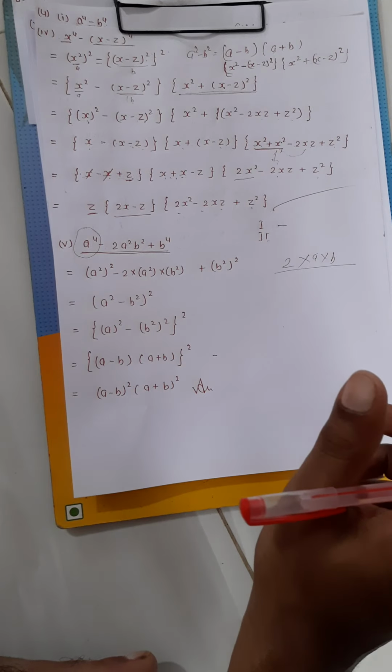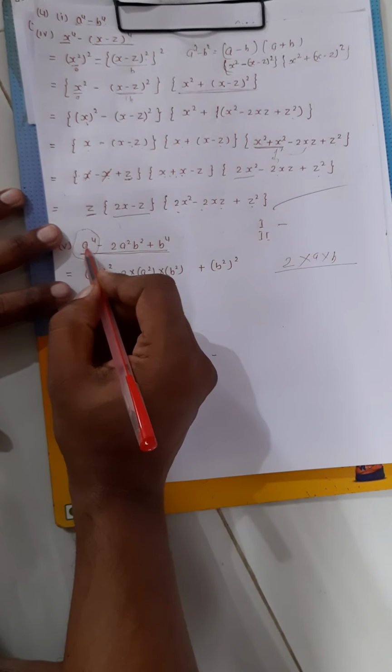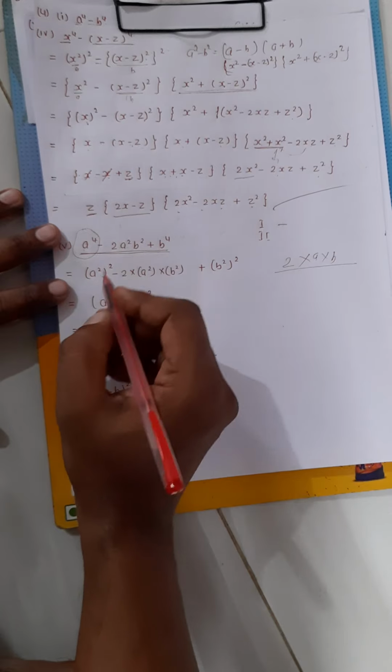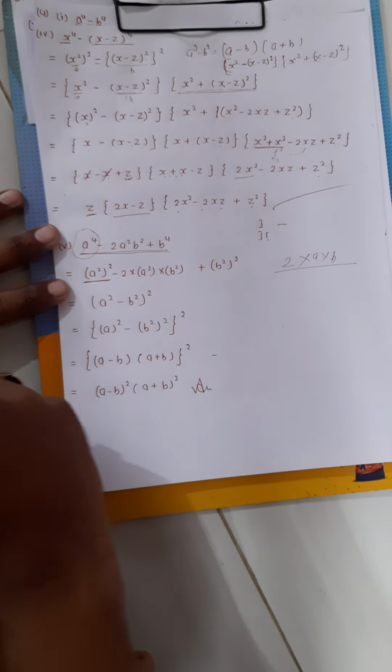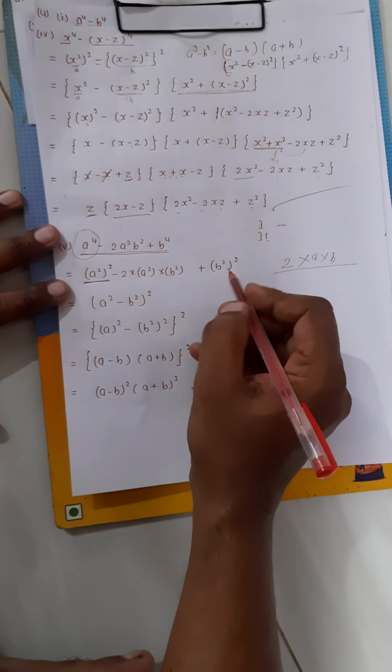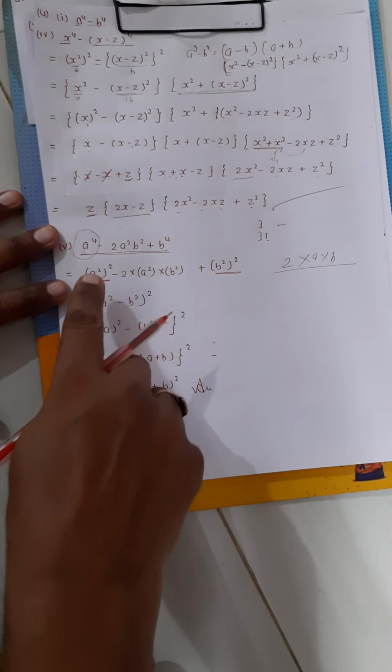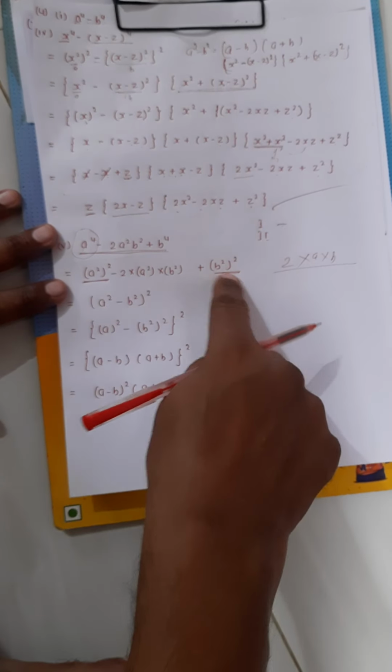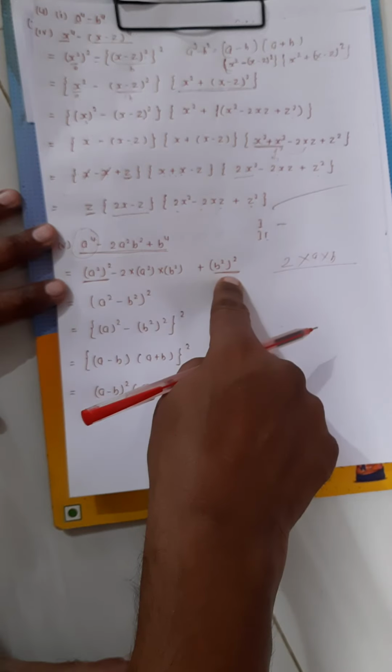So we can write this a4 as the whole square of a square and this b4 as the whole square of b square. Now 2 perfect squares we have got.